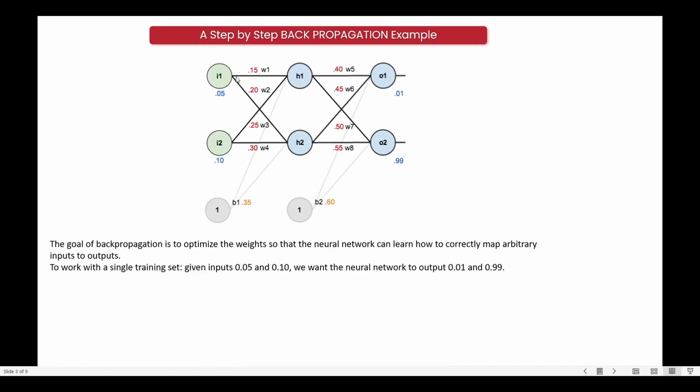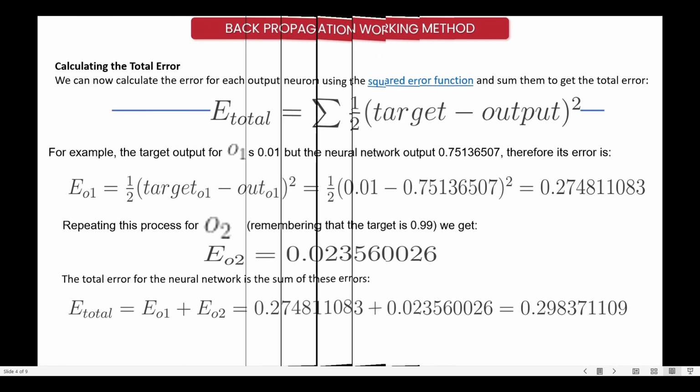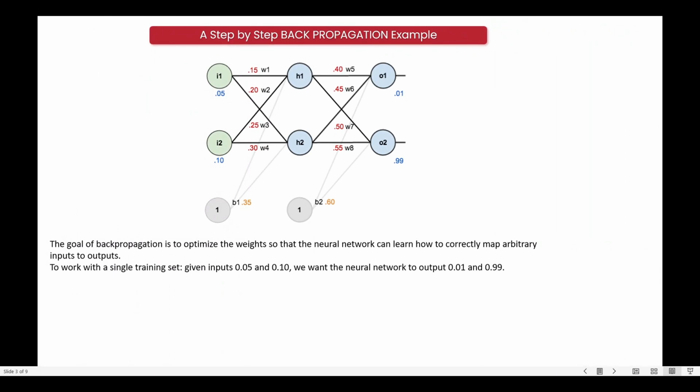For h1, the input is w1 i1 plus w2 i2. For h2, the input is w3 i1 plus w4 i2 plus bias 1, and this gives h2 in.